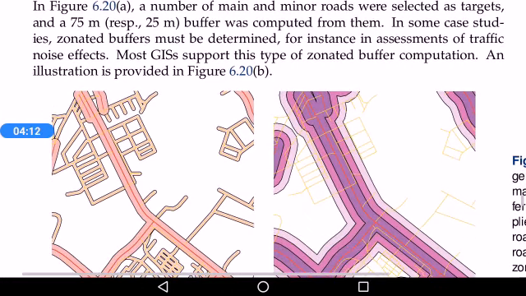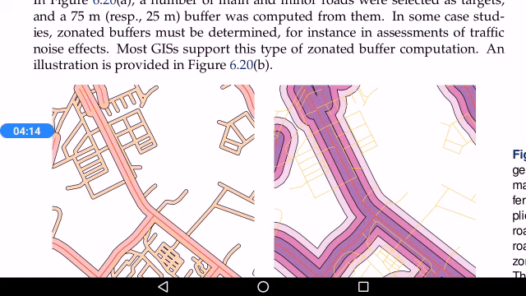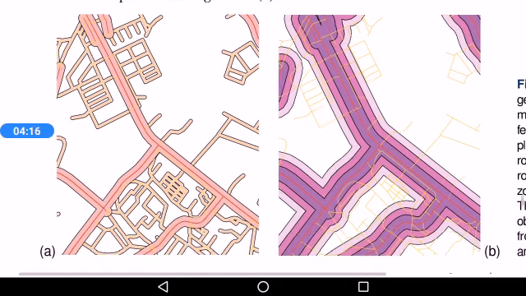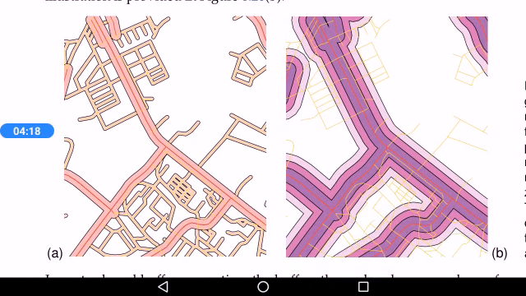So they are selected as targets. You can see over here, the main road is selected and it has been given a buffer area of 75 meters, whereas minor roads have been given a buffer area of 25 meters.